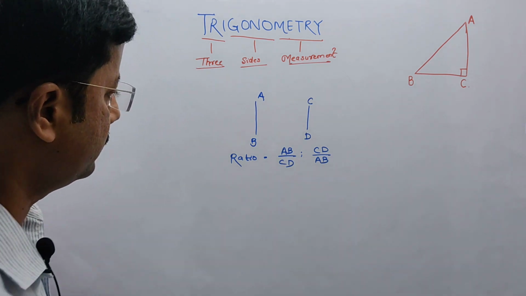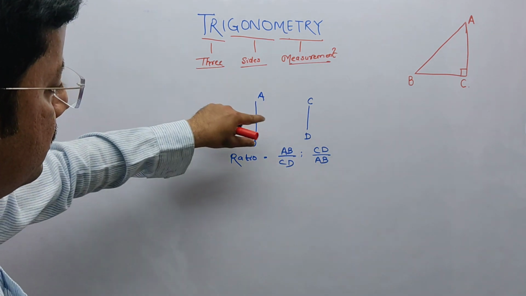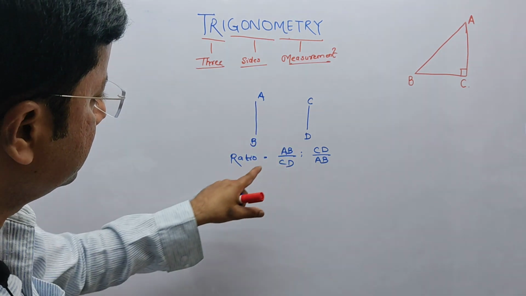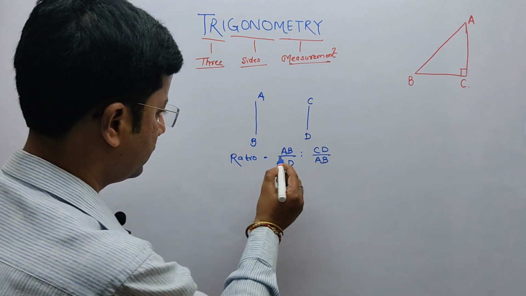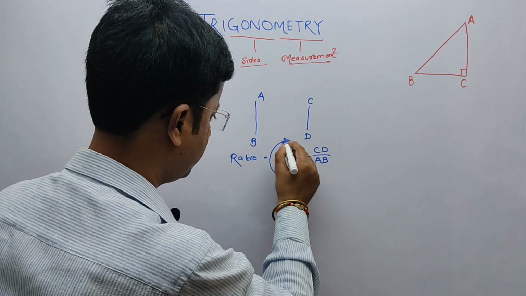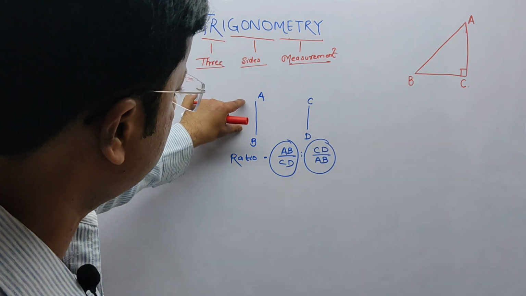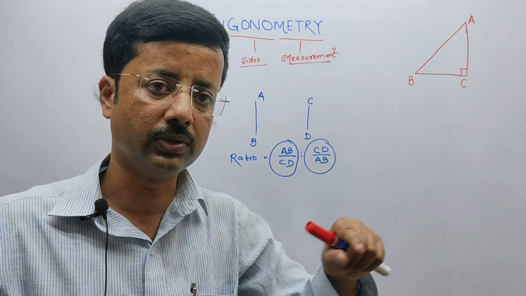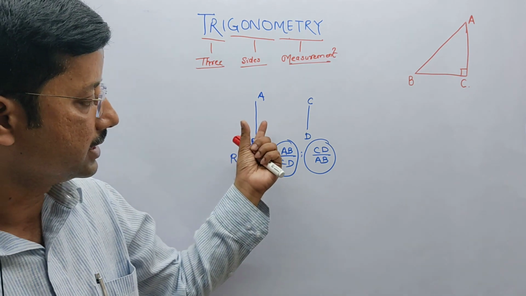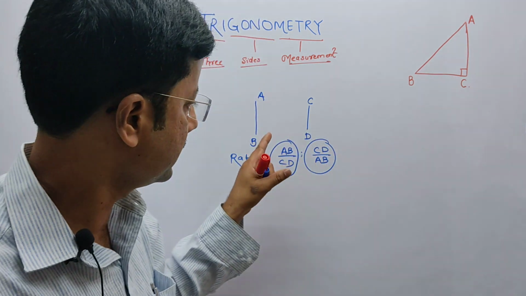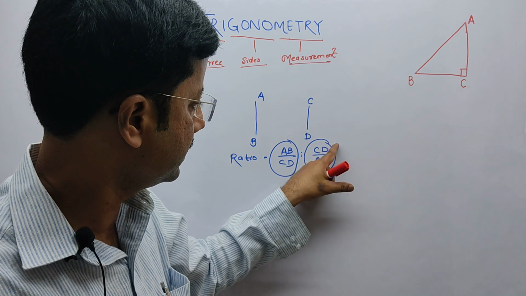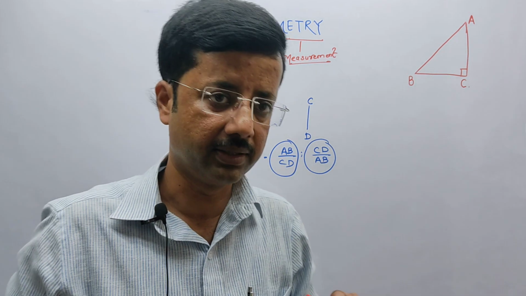When we divide any two different lines, the thing which we get is called ratio. AB by CD is a ratio, CD by AB is a ratio. Means for two lines we can take ratios in two different ways. In one case AB is the numerator, in the other case AB is the denominator.